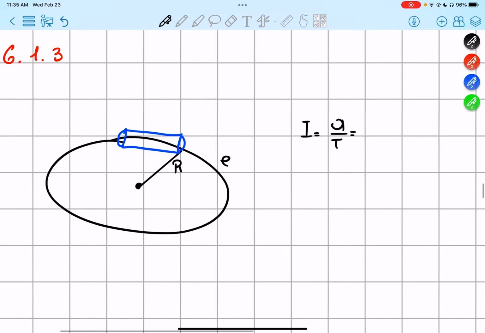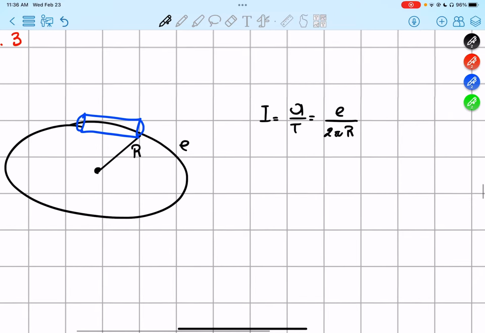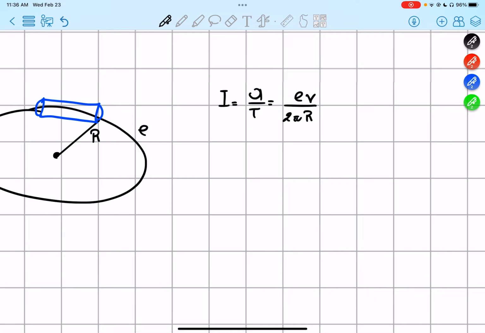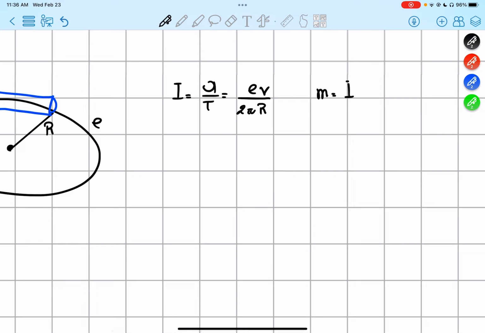Now the charge is equal to E for the electron, and the period is equal to 2 pi r, well, sorry, 2 pi r over v. My bad. So we can just simply take the v over here and write it on top. Now the magnetic moment is equal to I pi r squared.